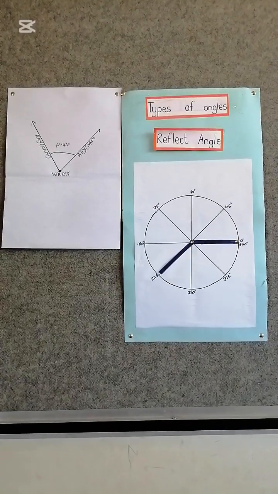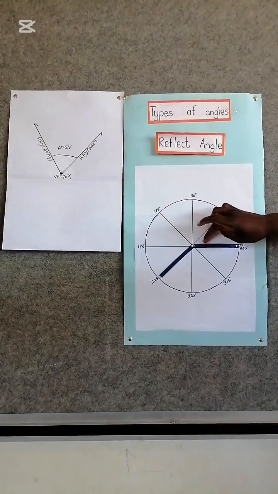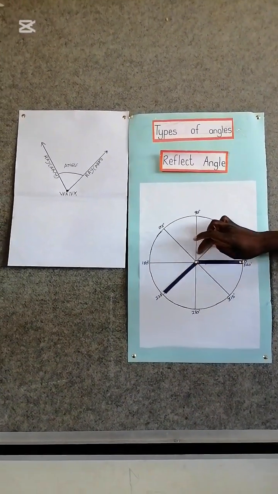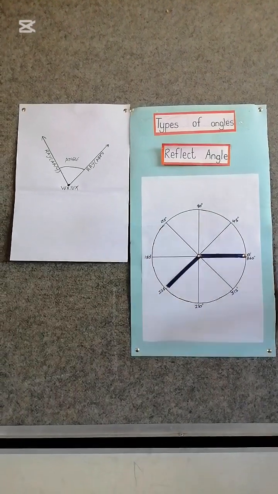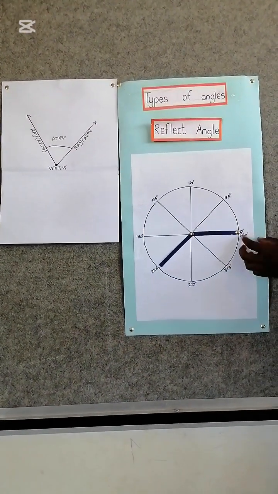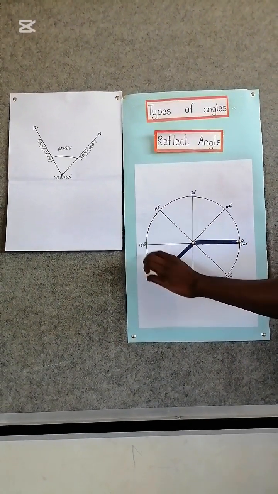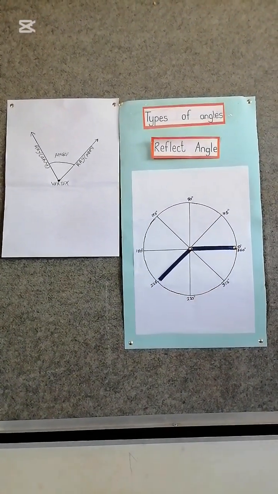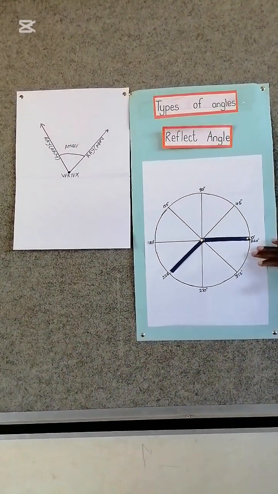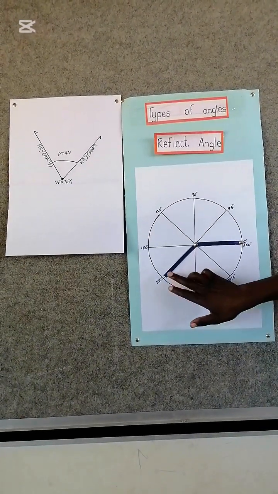Don't forget that this part here is the one that is measuring our angle. We are still continuing with this part here. So this one is a reflex angle, which means from 181 degrees to 359 degrees. That's where we can find our reflex angle.